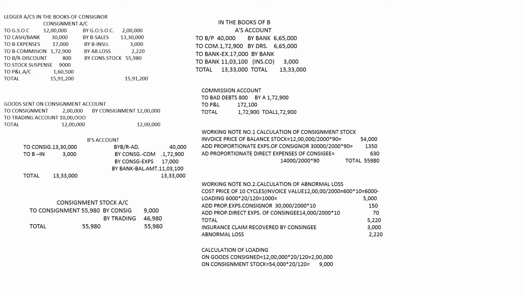Cartage and octroi are direct expenses. But godown rent is an indirect expense. Any expenses incurred after goods reach the godown of the consignee, those expenses incurred by the consignee are called indirect expenses.